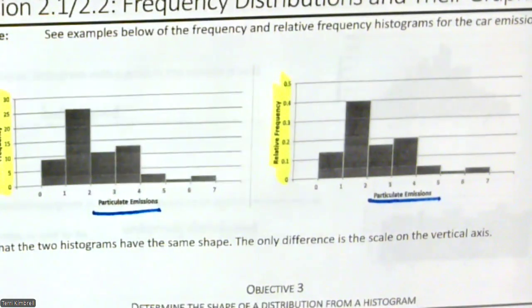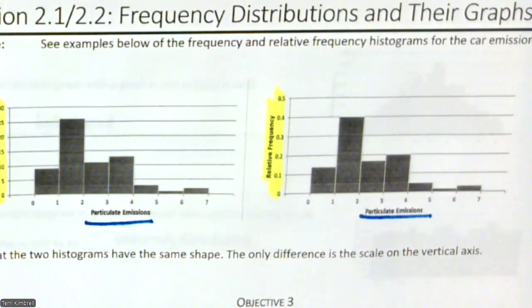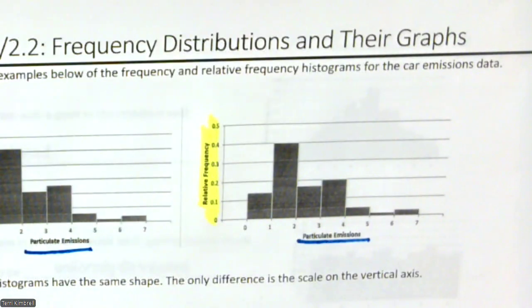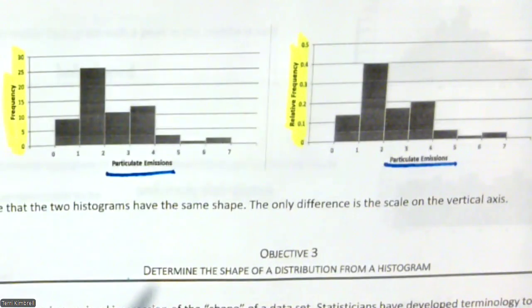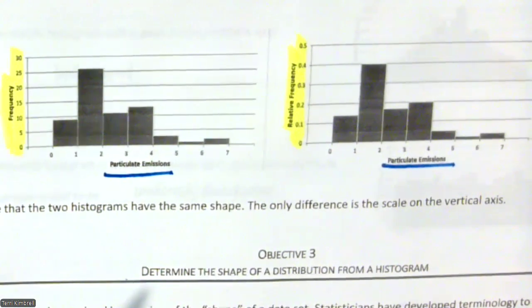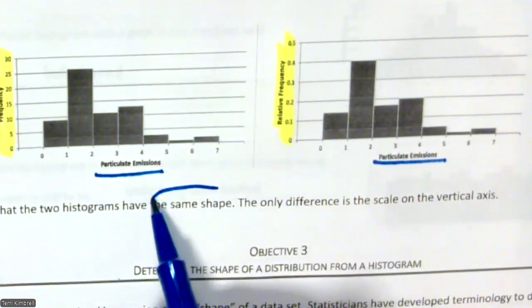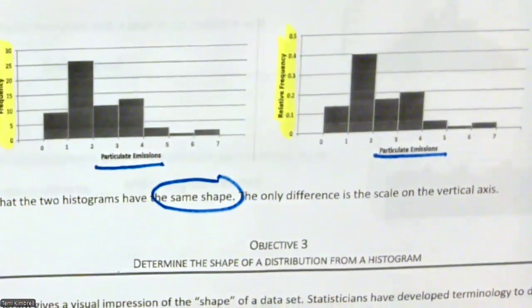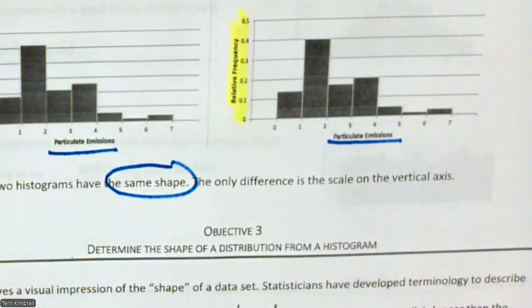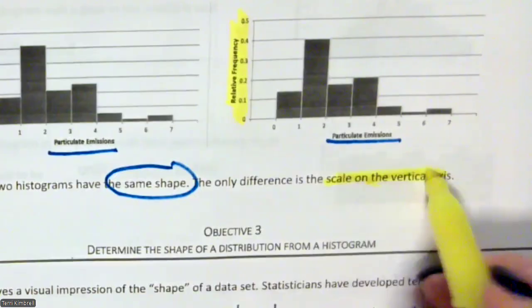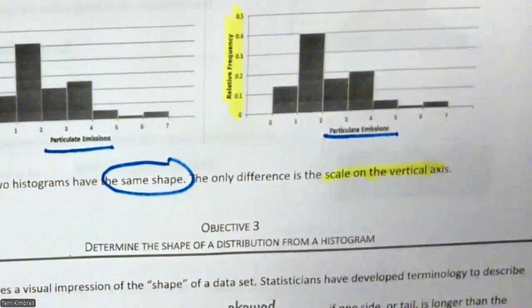So it's talking about emissions from cars. So we're looking at the data for car emissions. So when I look at that, we see that they have the same shape. So notice that the shape is the same. The only difference is what I've highlighted right there, which is on your y-axis, which is that vertical scale.